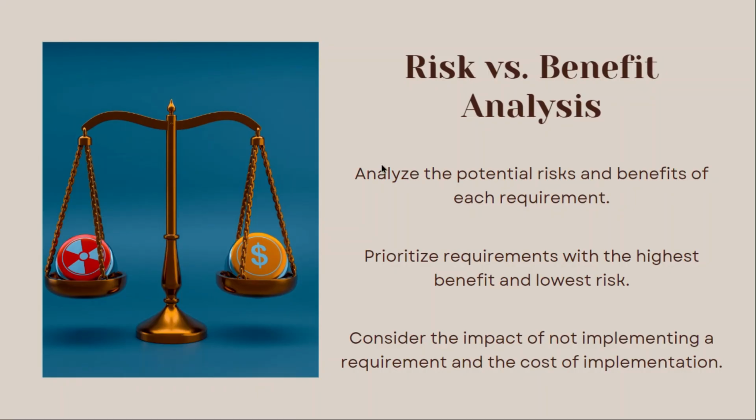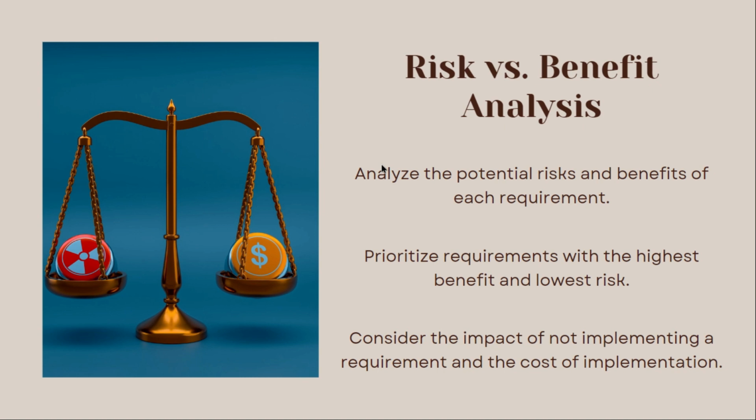Then another method is risk and benefit analysis. What you're going to do is analyze the requirement in terms of the risk and benefit that it is going to give. Okay. Analyze the potential risk and benefit of each requirement. Prioritize the requirement with the highest benefit and the lowest risk. Okay. You can see which requirements have the highest benefit and the lowest risk.